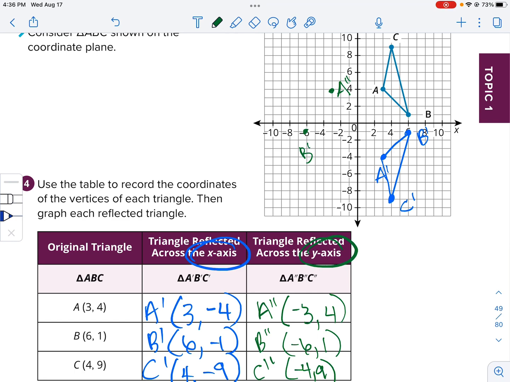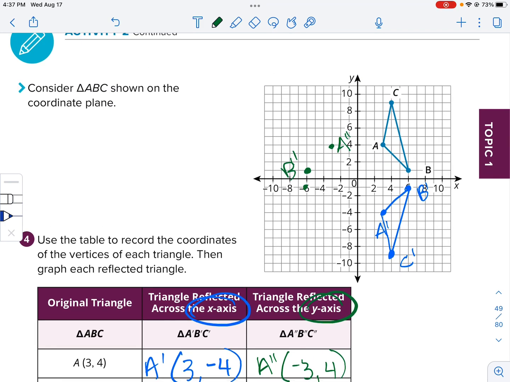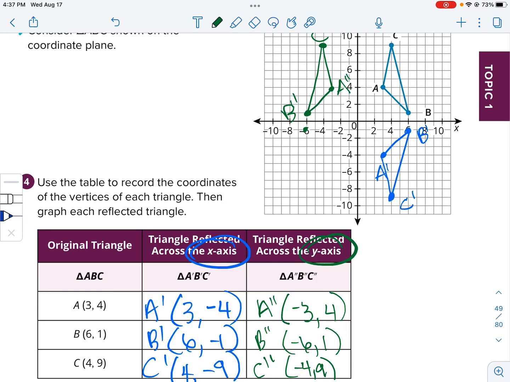Why did I do that? Sorry. -6, 1. There we go. B double prime. And -4, 9. C double prime. Awesome.